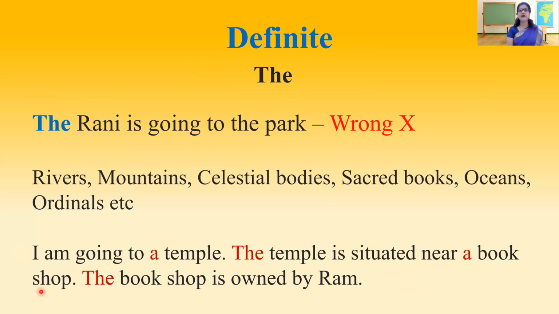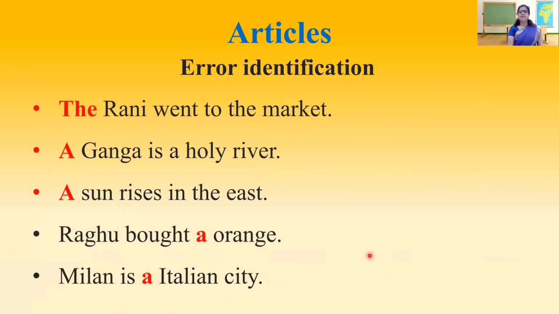So first we have to use the indefinite article, and then we have to use the definite article. So the temple is situated near a bookshop. So again the indefinite, the same bookshop I am talking about. So the bookshop is owned by Ram. I hope all of you have understood the.